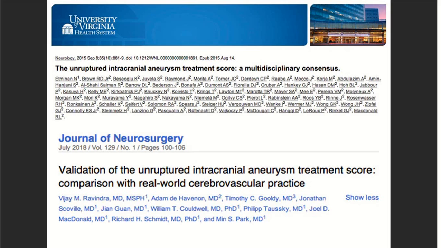Chris, have you seen the UIATS score? I don't routinely use that. Yeah, again, and there are other scales as well. The Buffalo group has published one using computational fluid dynamics as well to help determine which aneurysm might be at higher risk of rupture.